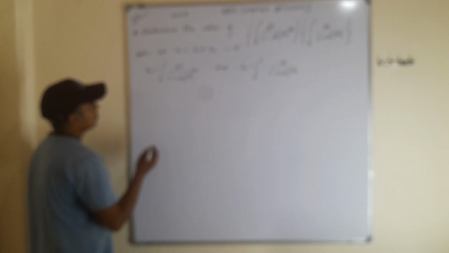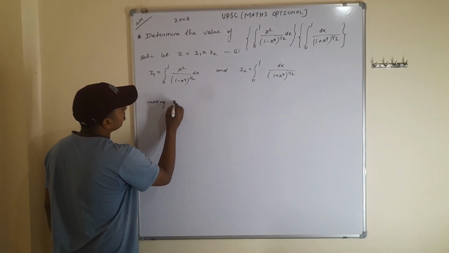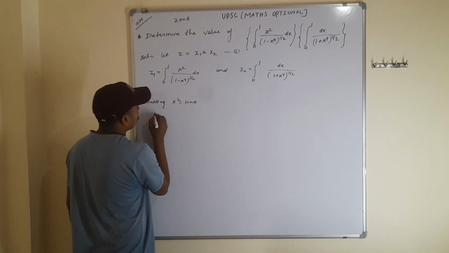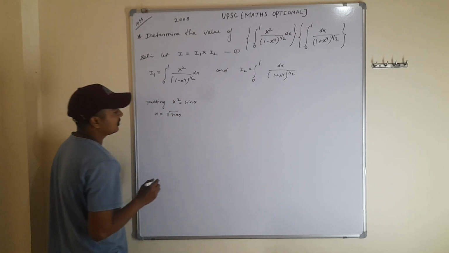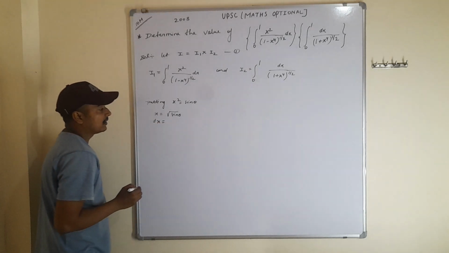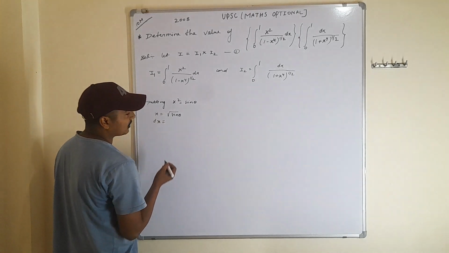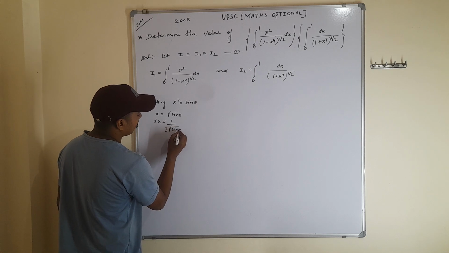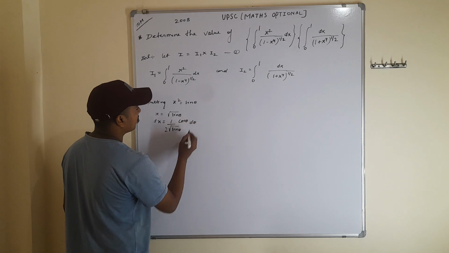First solve I1. Putting x squared is equal to sin theta, then x is equal to root of sin theta. Differentiating with respect to theta, dx is equal to 1 upon 2 root sin theta, since the differentiation of root x is 1 upon 2 root x, and again the differentiation of sin theta is cos theta d theta.